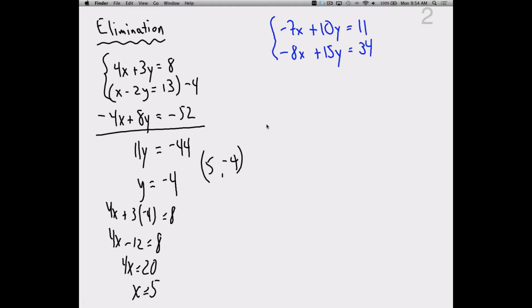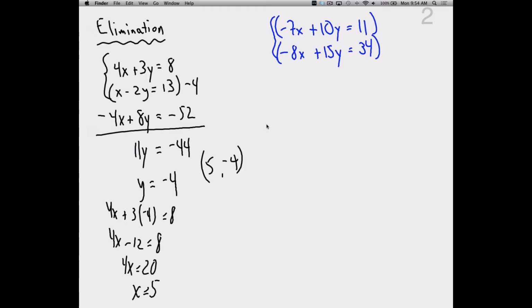Contrary to the previous problem where all we had to do is multiply by -4 so that everything cancels out, you can't do that on this one. In other words, I can't multiply 15 by something to get -10. So this is a situation where I'm going to multiply the top equation by some number and then multiply the bottom equation by a different number to get things to work out nicely.